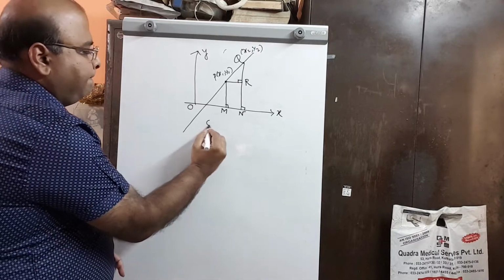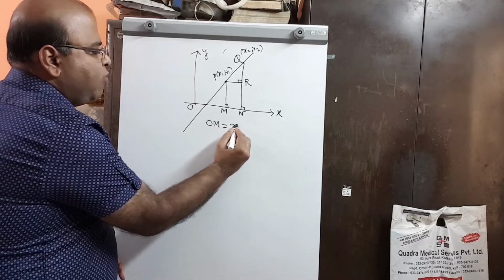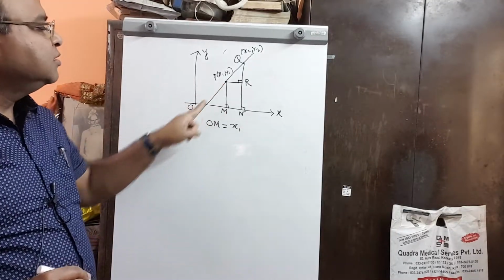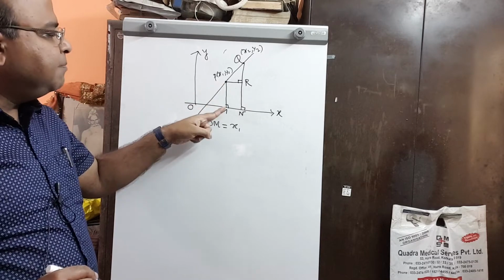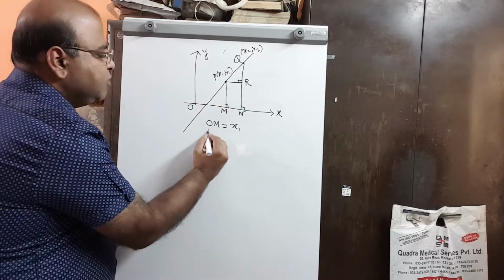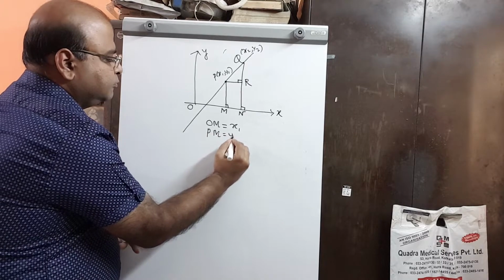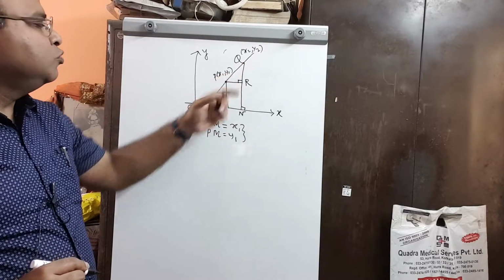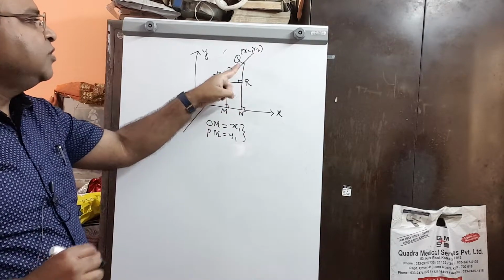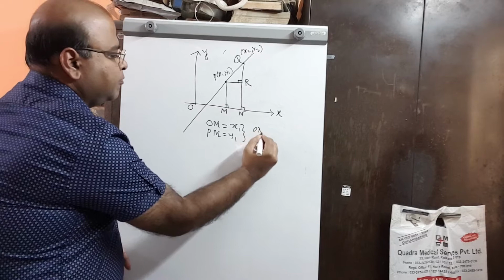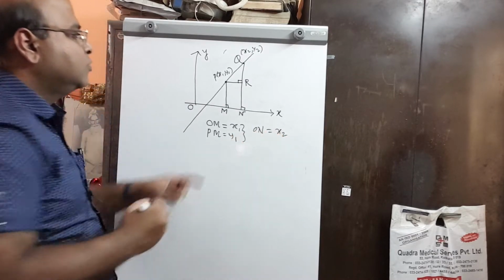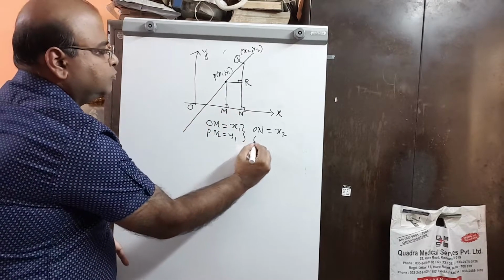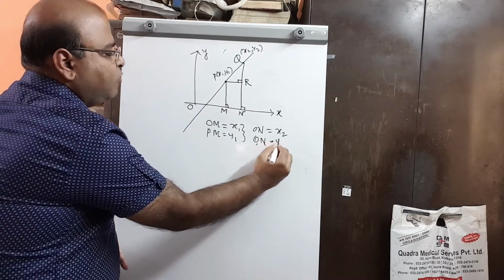Now from the diagram we see OM is given by x1 because OM is the abscissa of the point P, which is x1, and PM is the ordinate of the point P, which is y1. Similarly, ON is the abscissa of the point Q, which is given by x2, and QN is the ordinate of the point Q, which is given by y2.